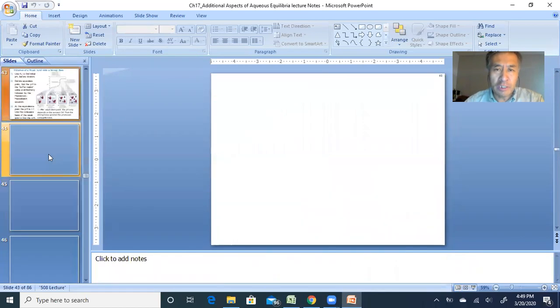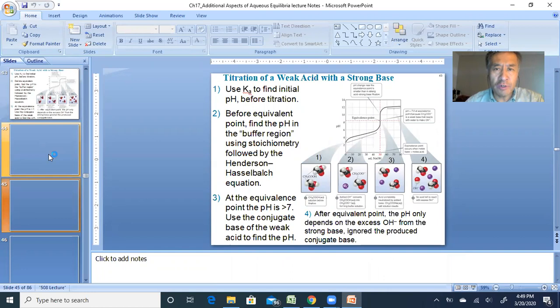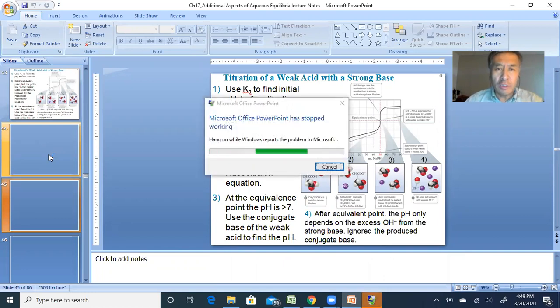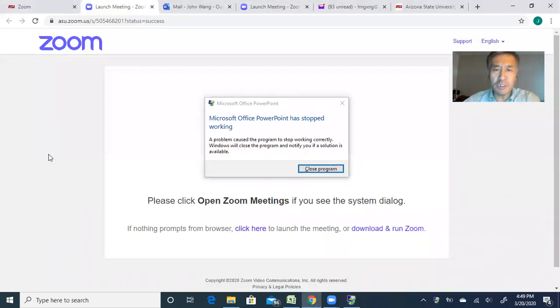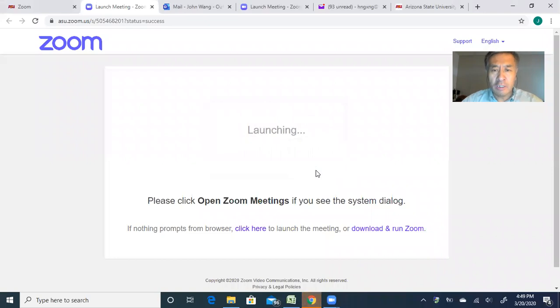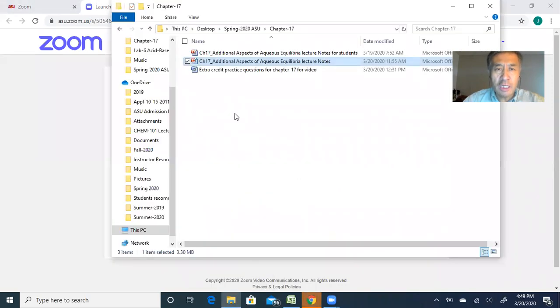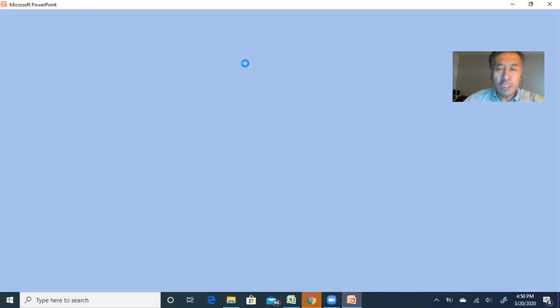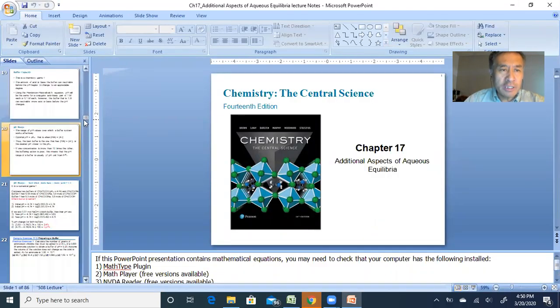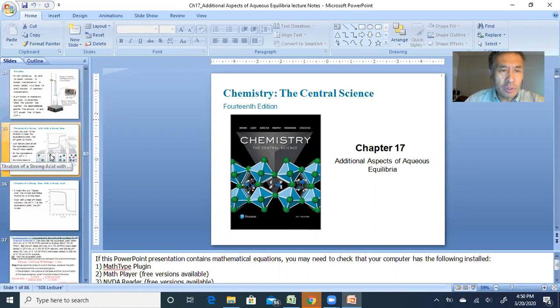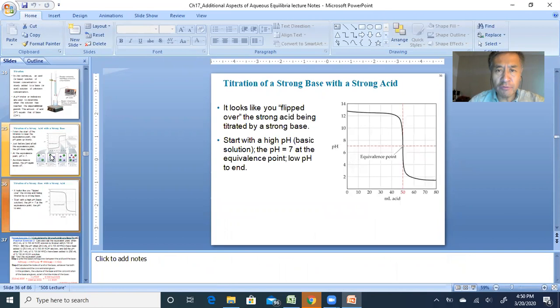We will study the titration of a weak acid with a strong base, and we're going to see the 4 typical stages. Depending on the stage of those titrations, we can use different approaches to calculate the pH. So we're going to use one example to show the calculations for all 4 stages.